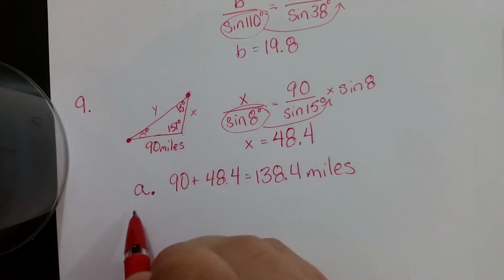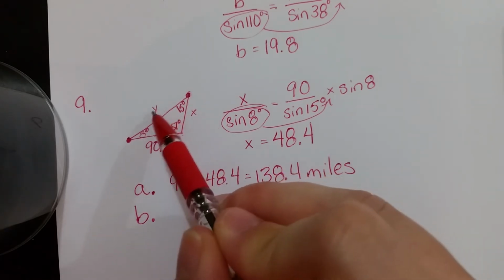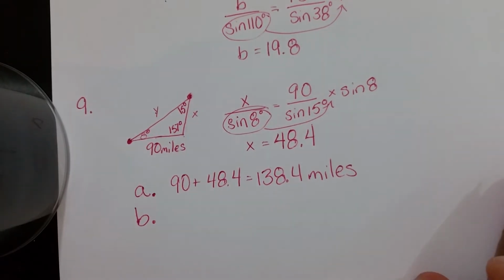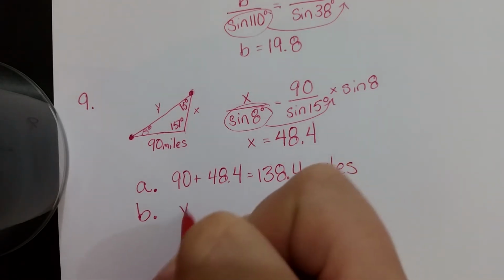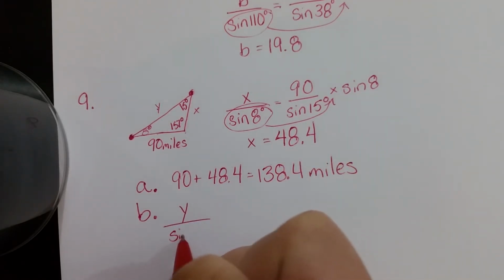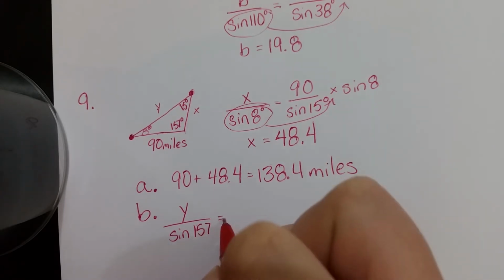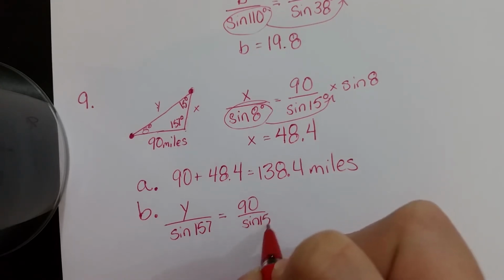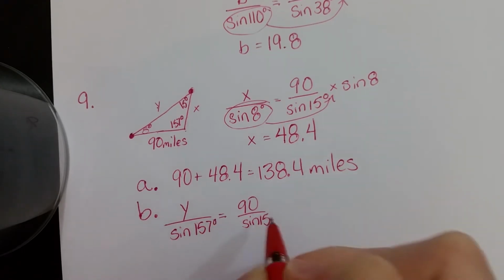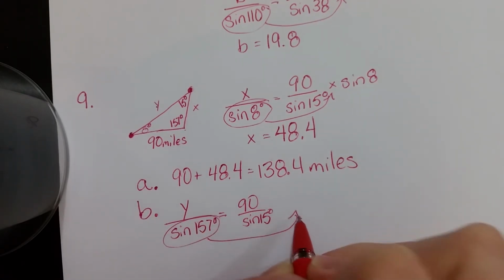Okay, so then part B is asking what's the distance of a direct flight. So part B wants to know what's the value of y. So let's go ahead and solve for y. So we'll have y over sine 157 equals 90 over sine 15, times by sine 157.